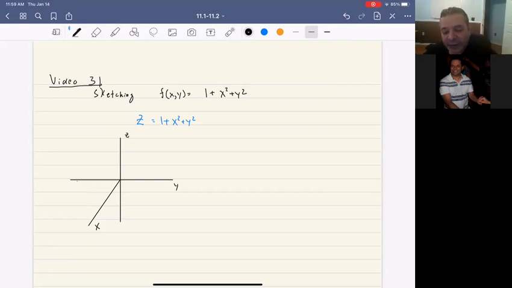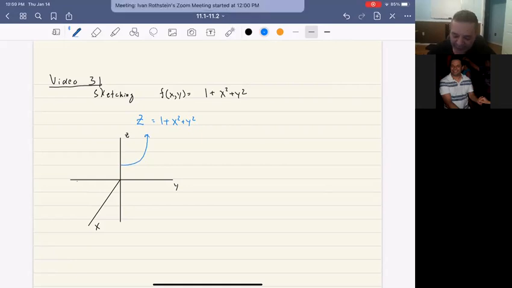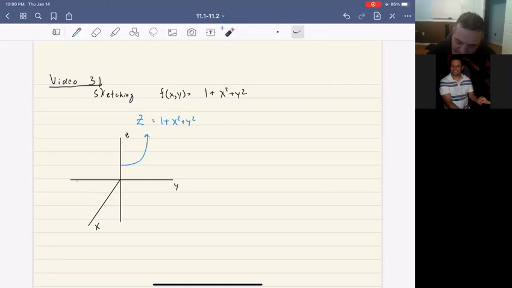So now, if I think, well, what if just x is equal to 0? You get 1 plus y squared. You know what that looks like. That's a parabola. So we get a parabola that looks like so. And since x and y are sort of the same, basically, they come in the same way, it doesn't distort anything.